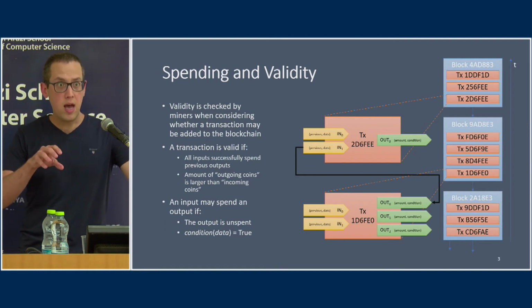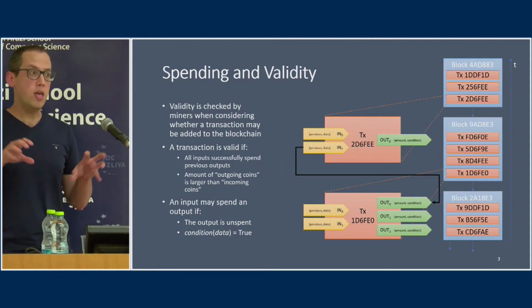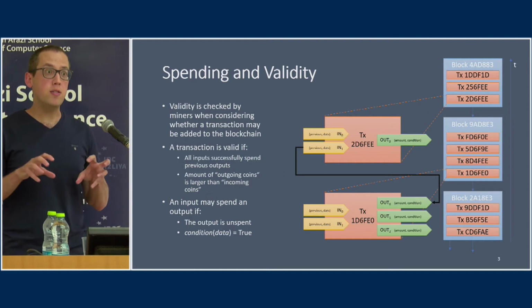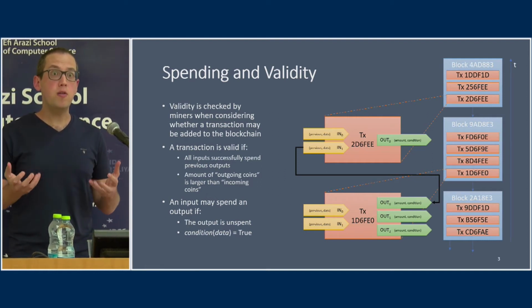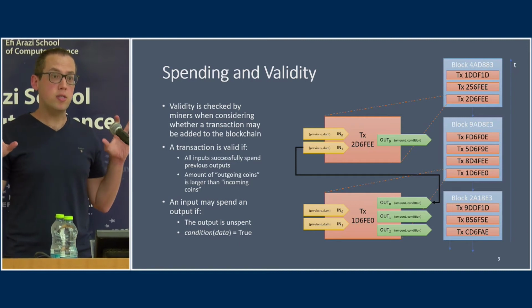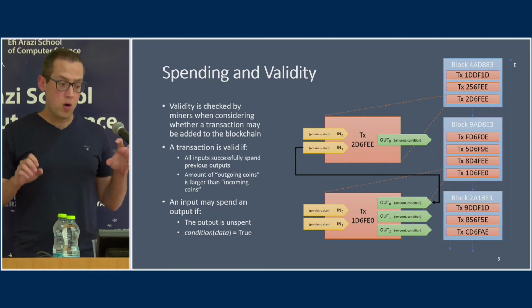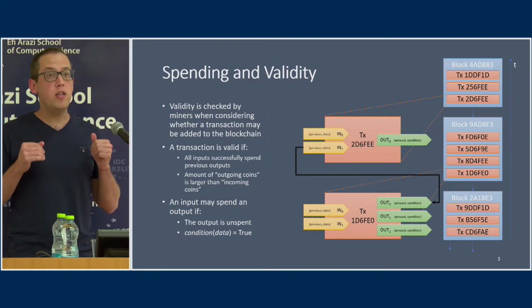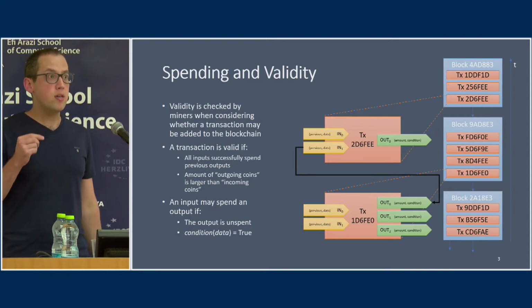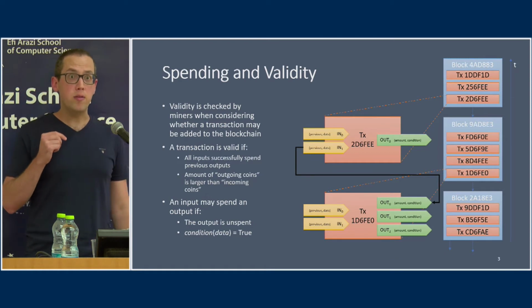The unspent outputs represent all the available funds in the system, available for spending of all the players in the system. And so the miners, which verify transactions, only need to remember which transaction outputs are still unspent.